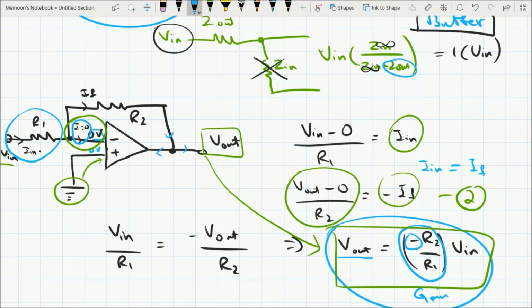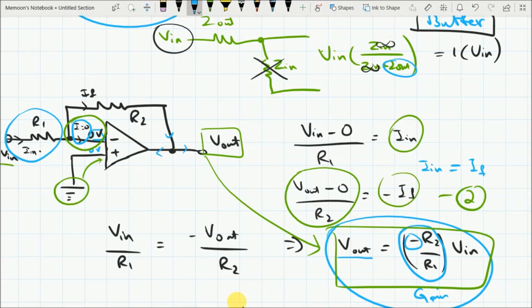So now the op amp has an infinite input impedance. Yes, we know that. But this configuration, including the R1 and R2 resistors, the inverting configuration, does not have an infinite input impedance.